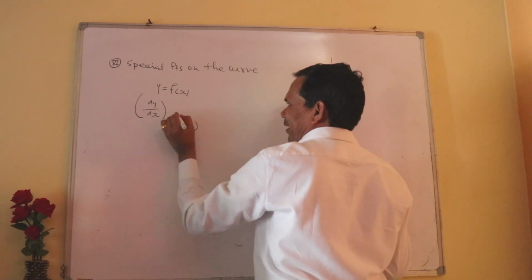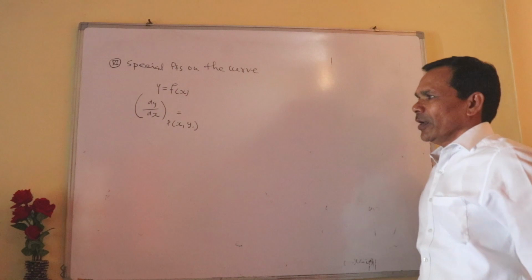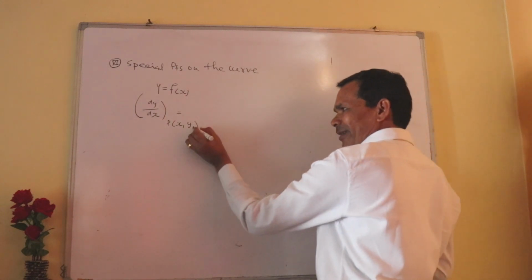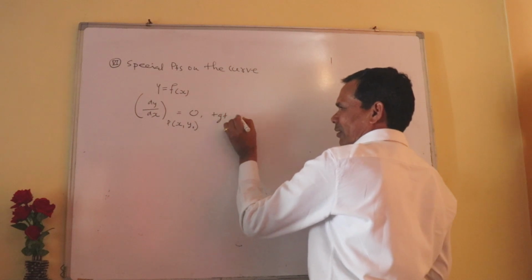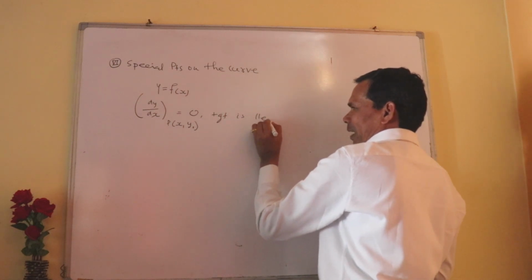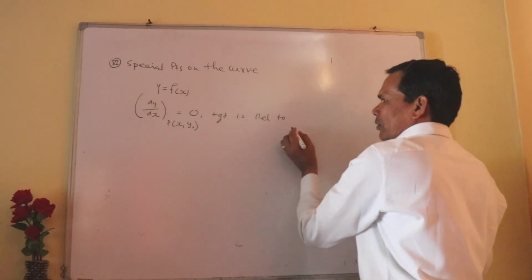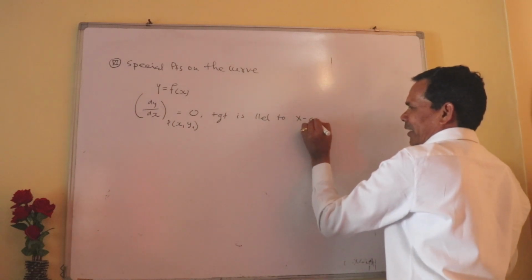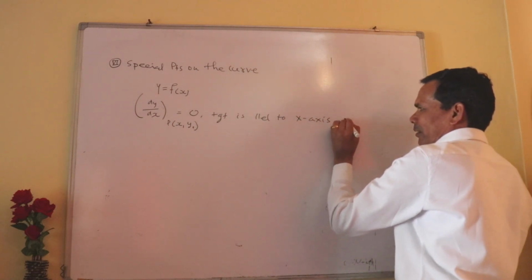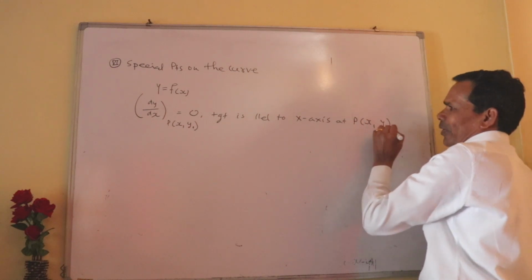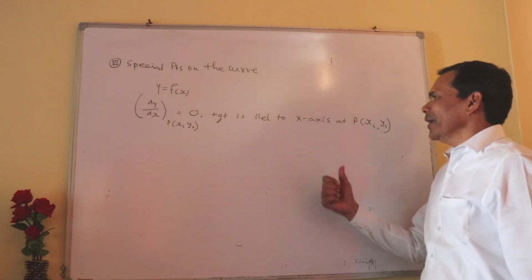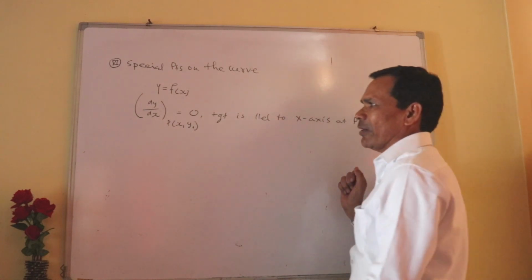If it is 0 at that point, then the tangent is parallel to the x-axis at P(x1, y1).